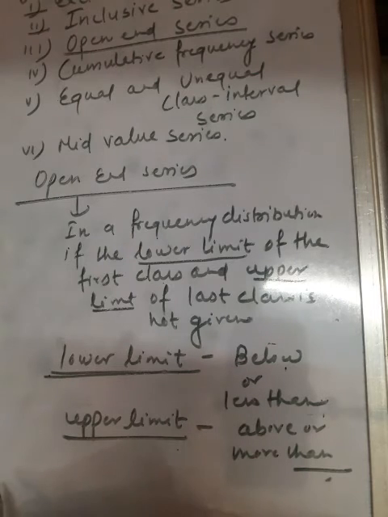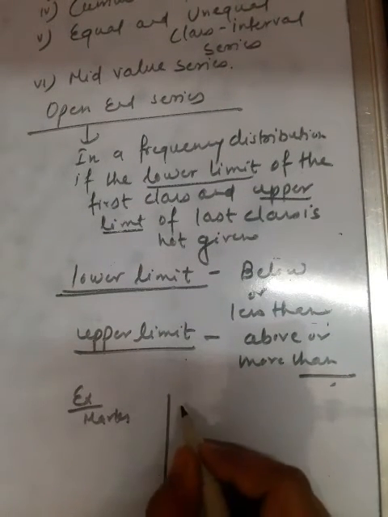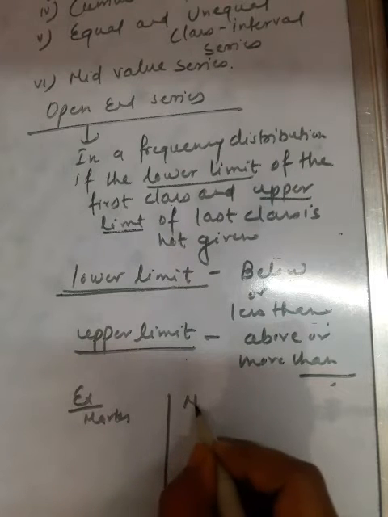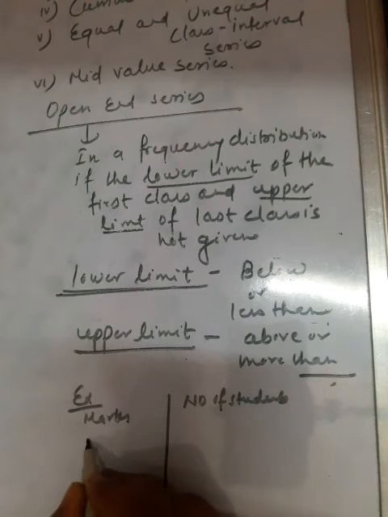I will explain it with the help of an example. Suppose we have this table of an open series. The first column is marks, and the second is the number of students, that is, the frequency.